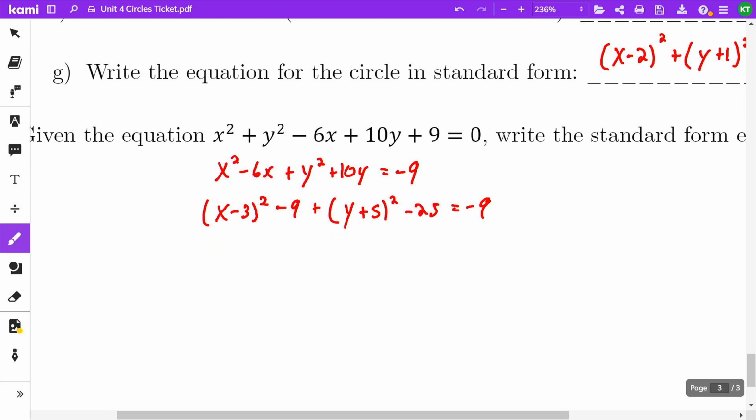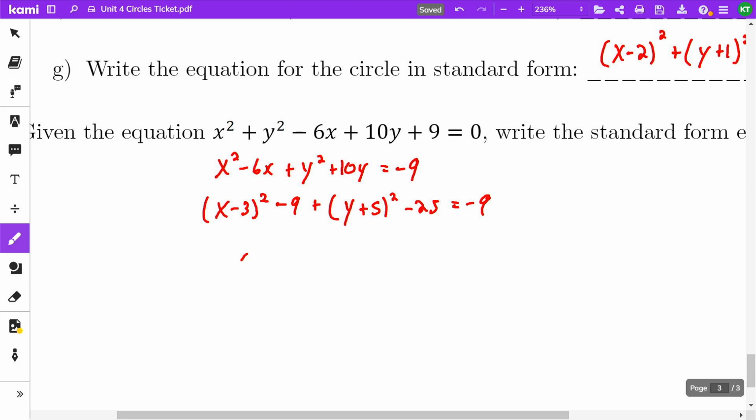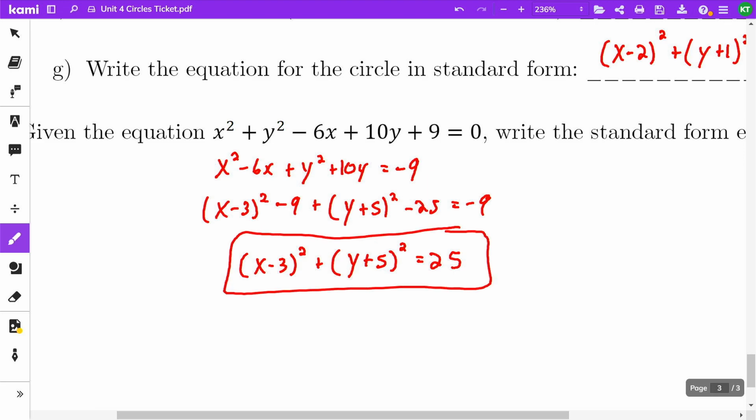And when I go ahead and add my 9 and 25 to both sides, I'll get my final circle equation of x minus 3 squared plus y plus 5 squared is equal to 25. And that will be our answer for form C.